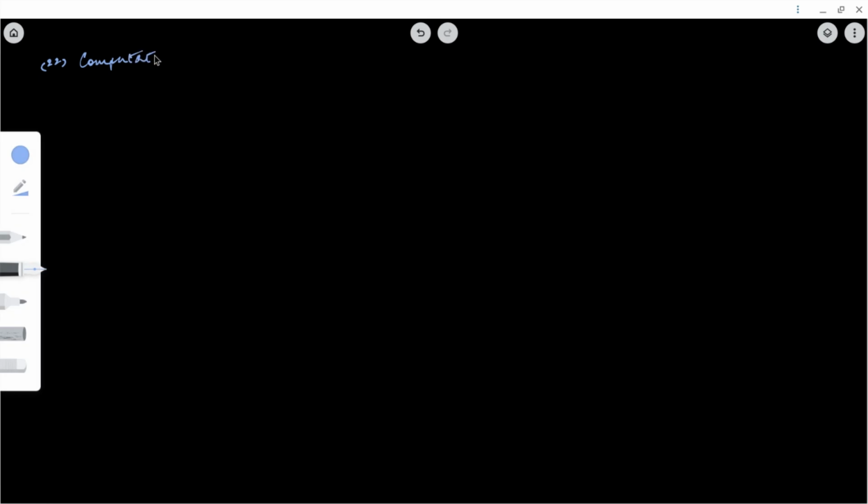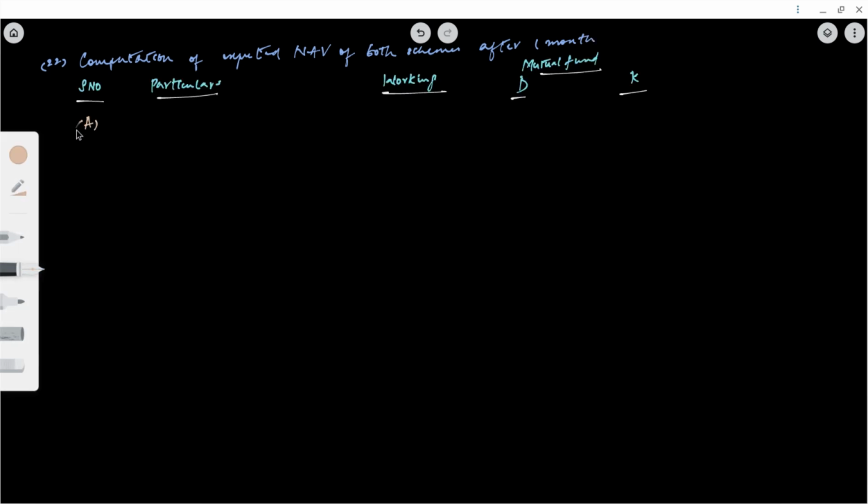Question number 22. Computation of expected NAV of both schemes after 1 month. A. So what is given?